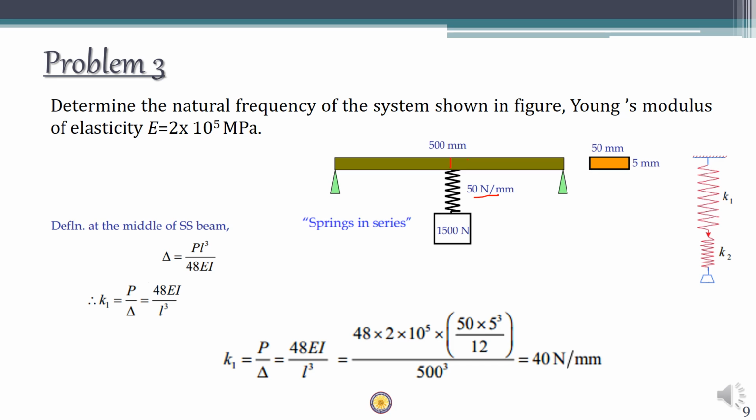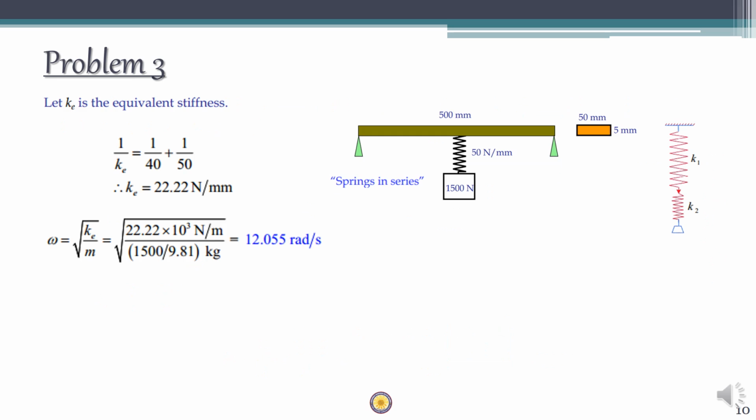The beam stiffness and the spring stiffness are connected in series, which means we can find the equivalent stiffness as 1 by Ke is equal to 1 by K1 plus 1 by K2. So we got K as 22.22 Newton per millimeter, and also we have a weight of 1500 Newtons, which can be converted into kilogram as 1500 divided by 9.81.